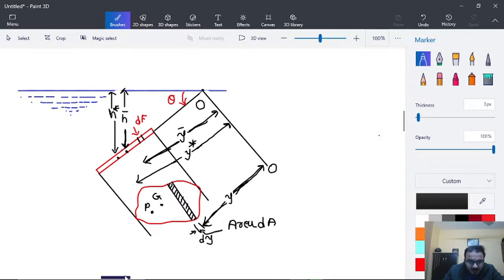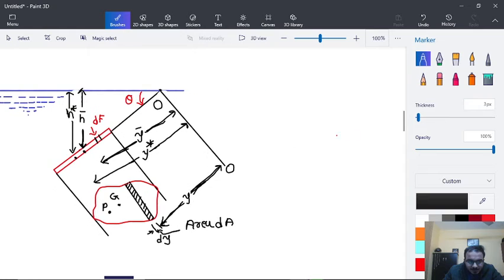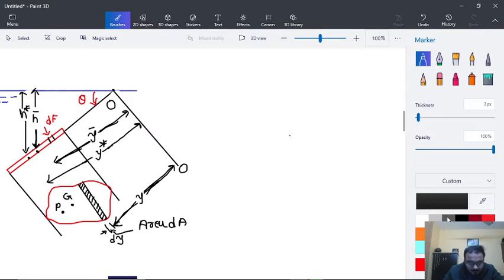Now let's go through the basic nomenclatures here. A is equal to total area of inclined plane.